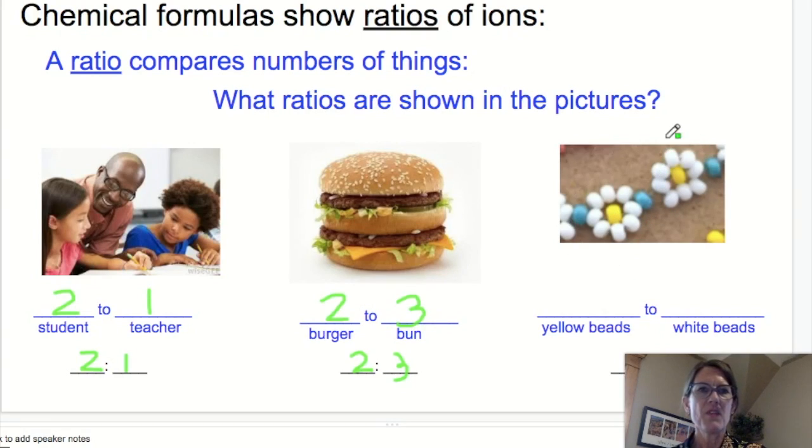Now, if I counted both of these, I would get 2 yellow, and then 16 white. 2 to 16 is the same ratio as the 1 to 8. So we usually put ratios in the lowest terms, so we call it the lowest ratio. So my ratio here is 1 to 8. If I need a really long chain of beads, I'm going to need more, but I still know the ratio is going to be 1 to 8.